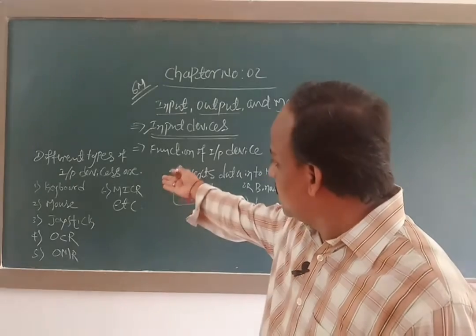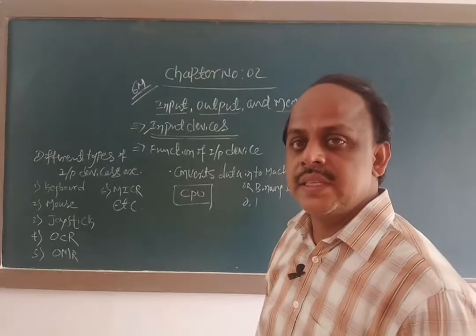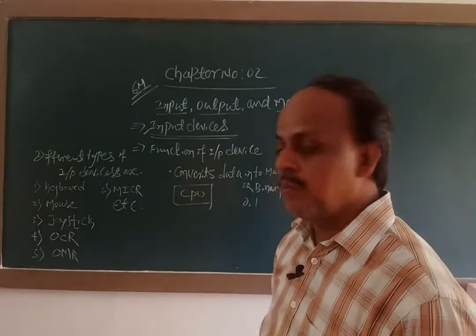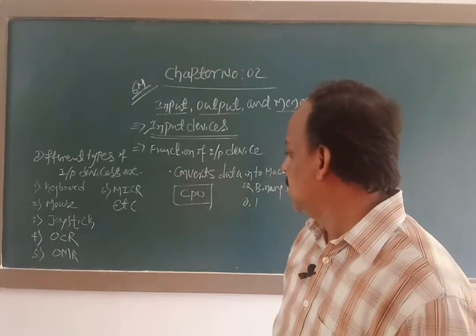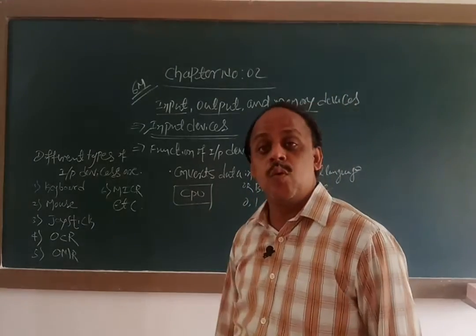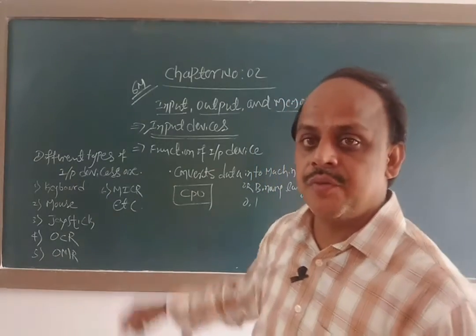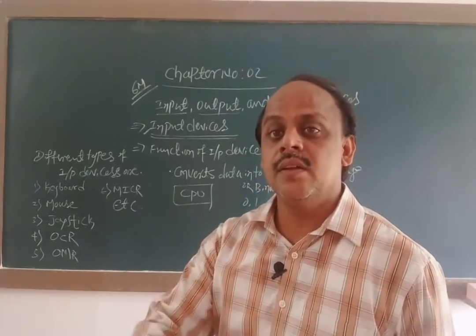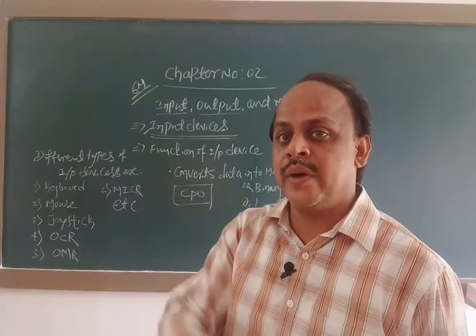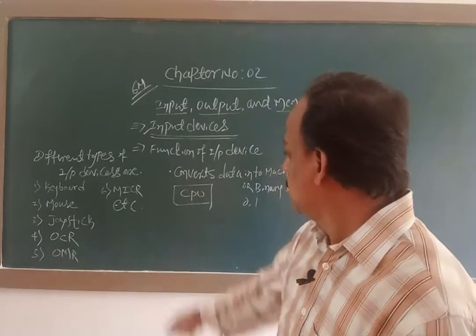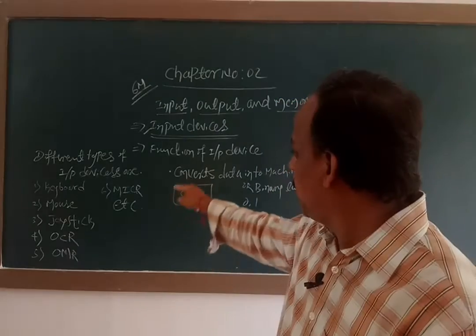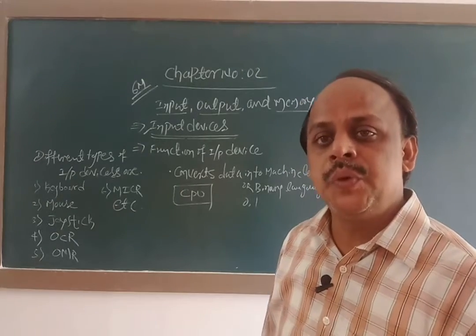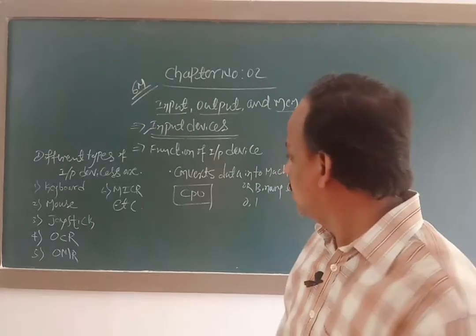These are the different types of input devices, or examples, such as keyboard, mouse, joystick, OCR, OMR. I have written the short forms here. We are going to see what each stands for and why it is used, one by one. So joystick, OCR, OMR, MICR, etc. are called input devices.